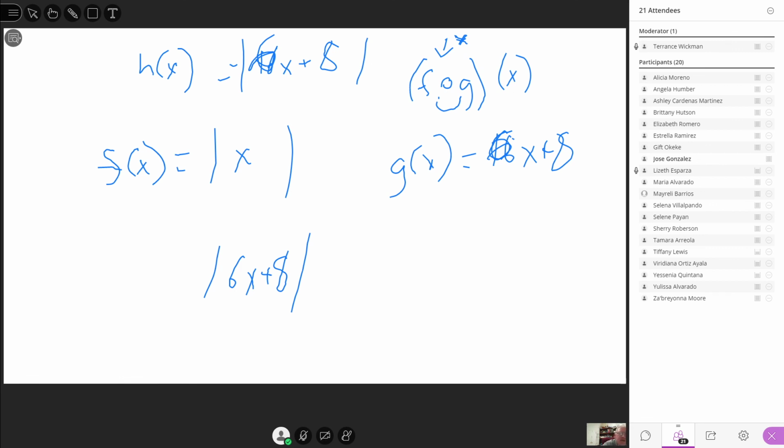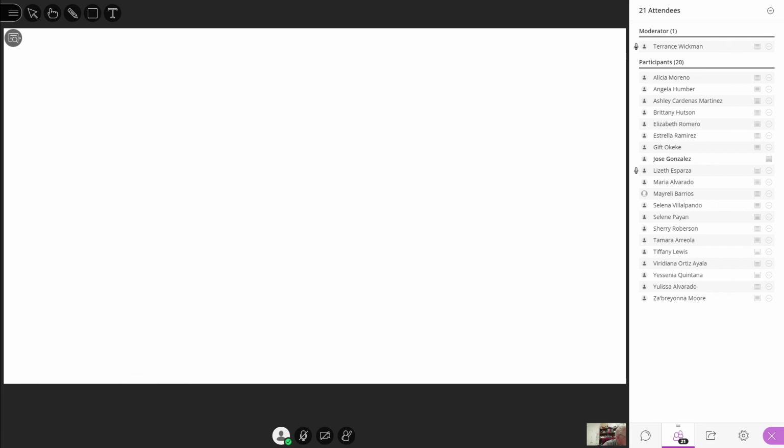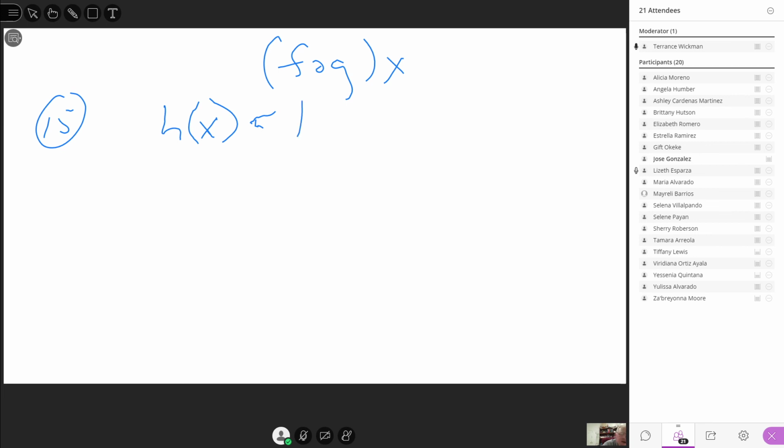So let's look at it again. I want you to get this one right because it's not hard. 15 says they want you to create a function in this order, f of g of x, and they want it to end up being h of x equals the absolute value of 6x plus 8.